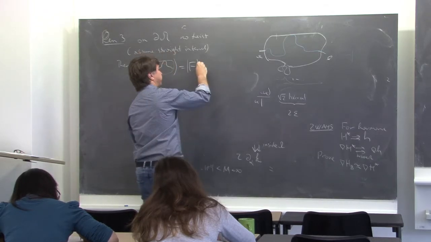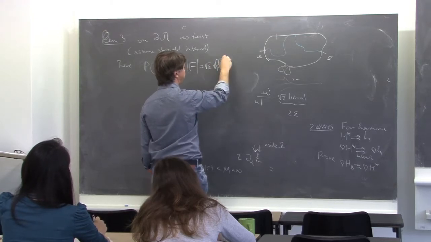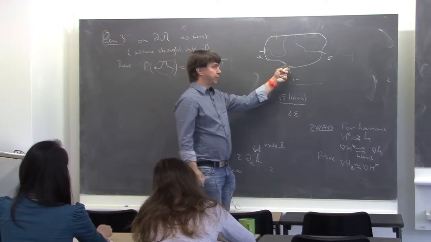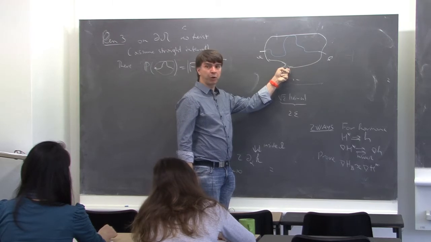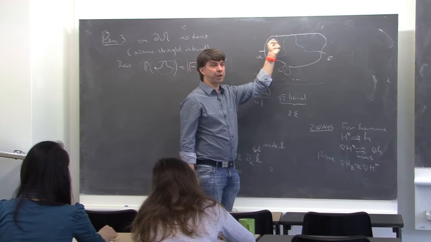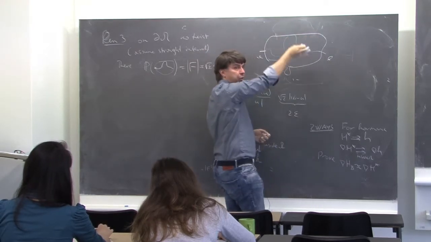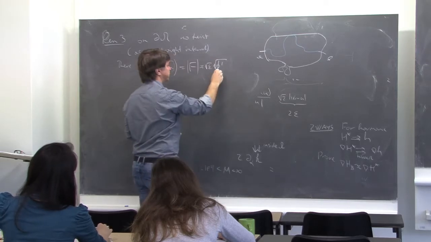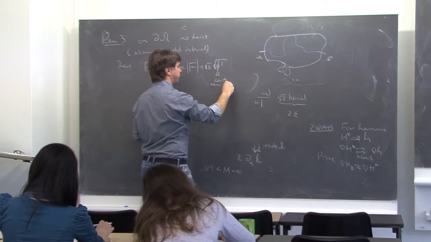So let's say f is approximately square root of epsilon phi, square root of phi prime. If you have this crazy fractal boundary, phi prime can go to 0 or blow up. But near a straight boundary, phi prime will be nice and bounded, just because by Schwarz reflection you can extend the map. So this is like a constant near a straight boundary.